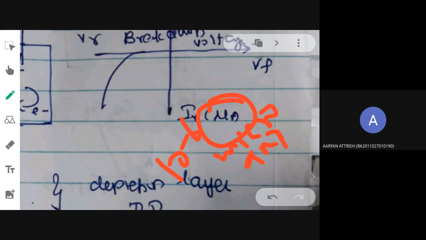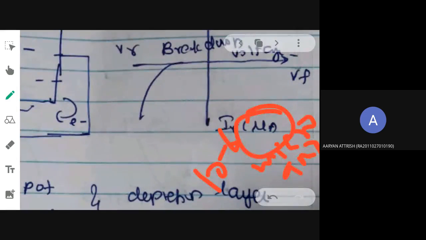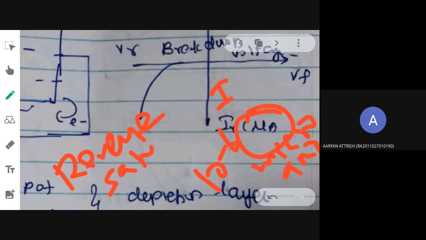So even though ideally you can say that there is no current flow, still some very minimal amount of current will flow, which is called the reverse saturation current.